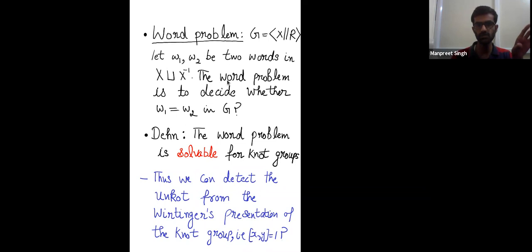The word problem is to decide whether the two words are equal or not in the group G. It was then proved that the word problem is solvable for knot groups. What this basically means is that if we are given a presentation of a knot group, we can detect from the presentation whether the knot is trivial or not. We just need to check whether this commutator equation holds for every generator or not.